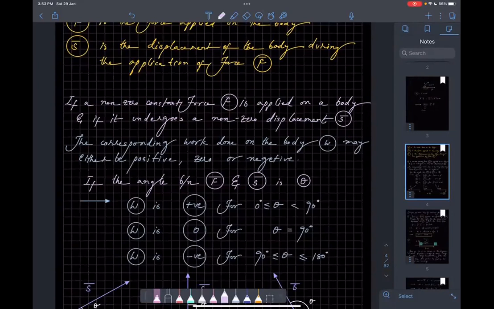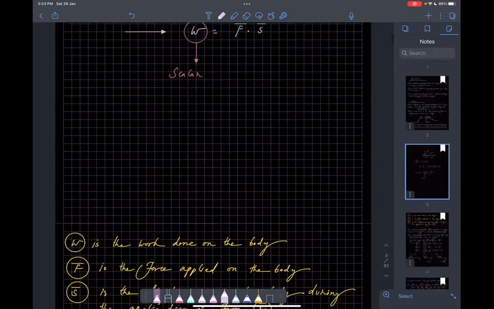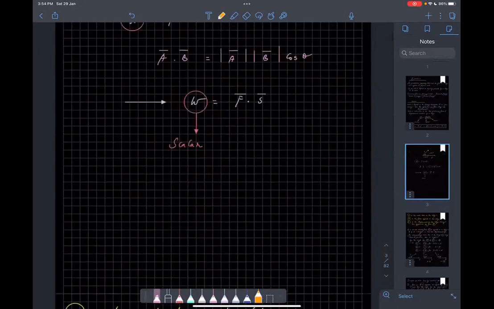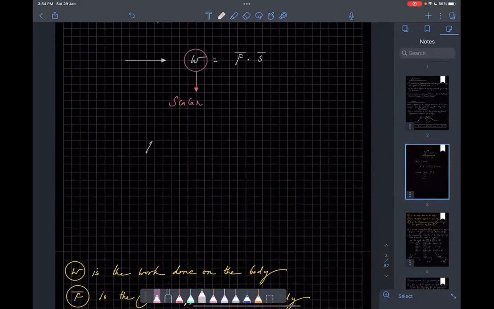If a non-zero constant force F bar is applied on a body, and the body undergoes a non-zero displacement S bar, then the work done is defined as F dot S. Clear? So this definition is true. Which definition? Work done equals F dot S.